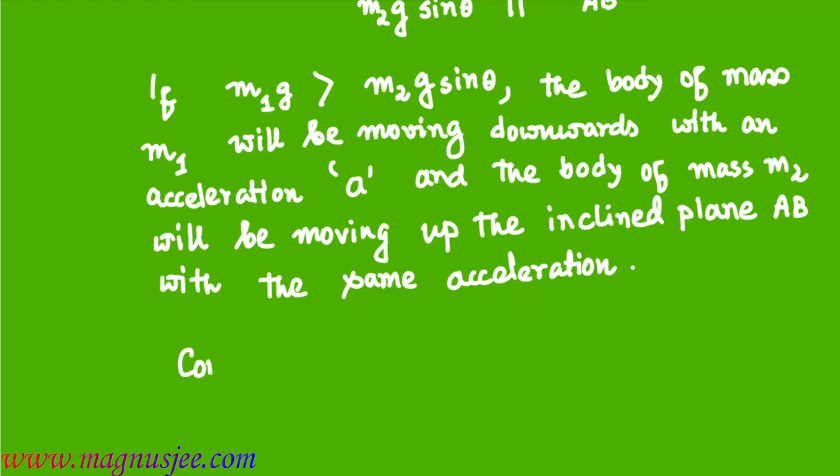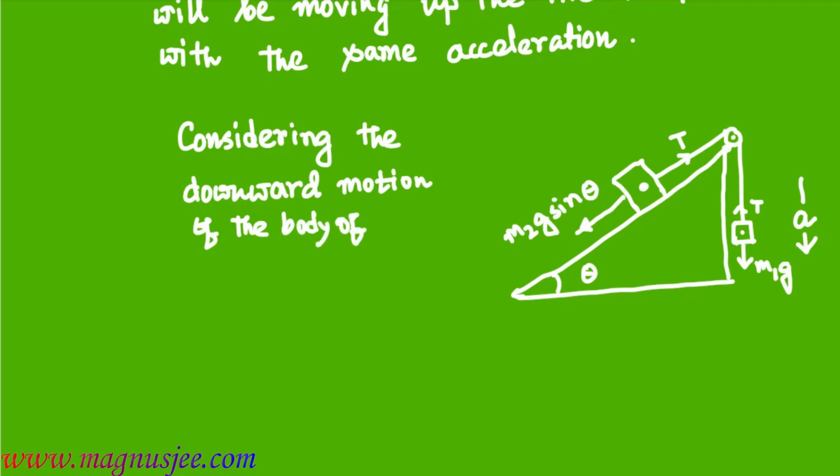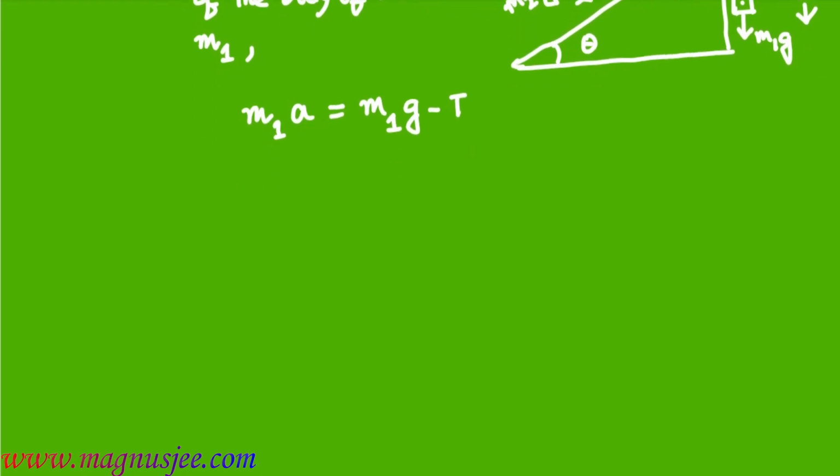Now considering the downward motion of the body of mass m1, which was suspended by the string that passes over the pulley, the net downward force acting on the body of mass m1 is m1a, which is equal to m1g minus T. Or, T equals m1g minus m1a, same as the apparent weight of a body in a lift moving downwards with an acceleration a.